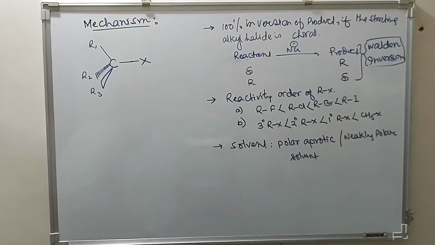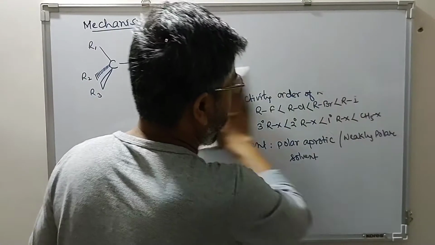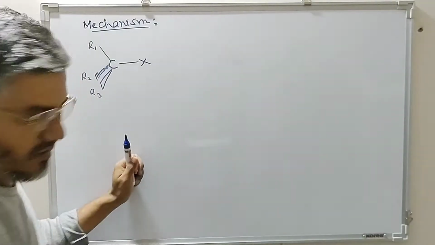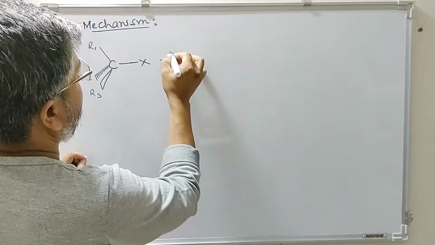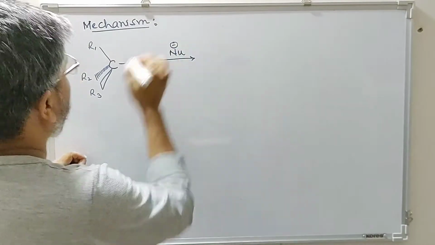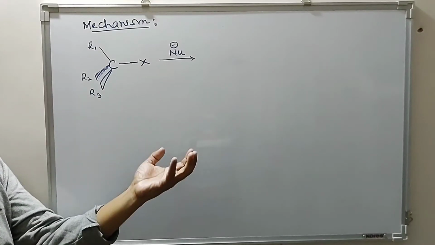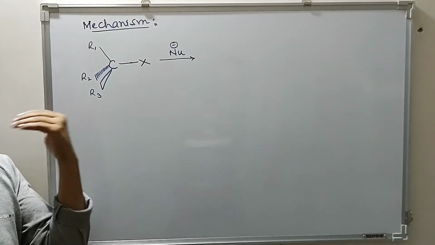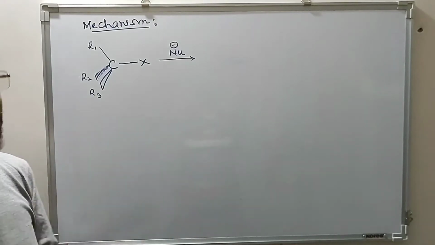Now this is to be reacted with a nucleophile. So when this nucleophile attacks, as I told you, there is always a rear side attack by the nucleophile in which a transition state is formed before formation of the product.